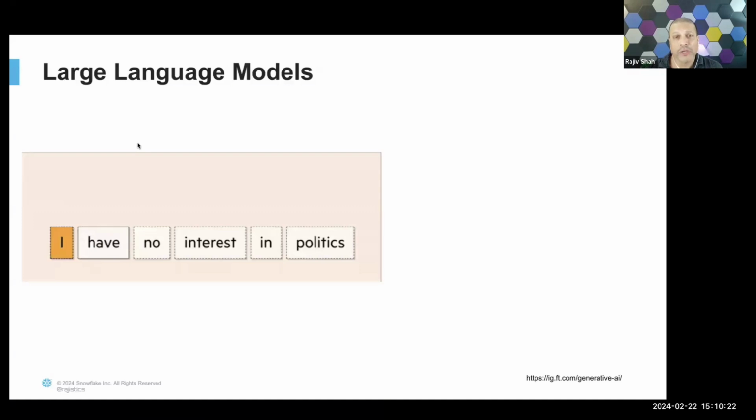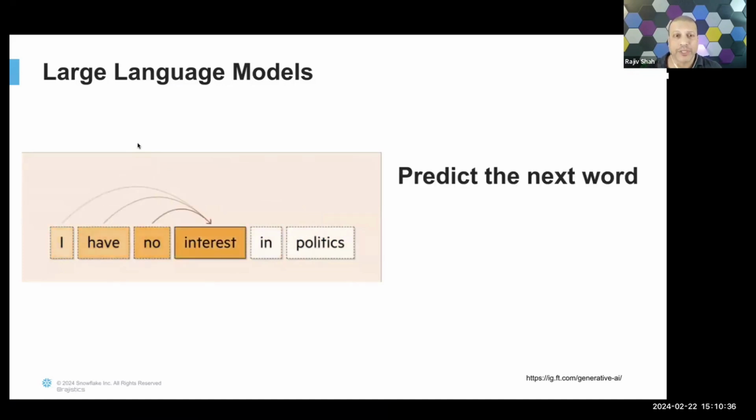But at the heart of when we talk about large language models, that's what they're really trying to do: next word prediction at the root of it.